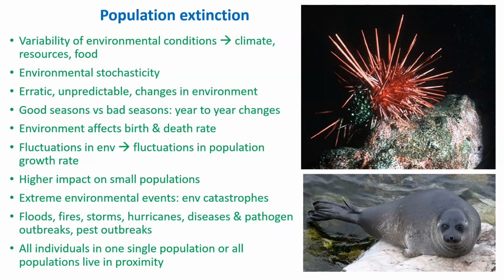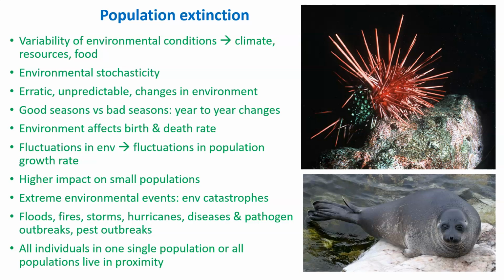Now, I wanted to tell you a couple of good examples here with regard to environmental catastrophes and how they resulted in population extinctions. First, let's talk about the top image, the sea urchin. Sea urchin mass mortality has been observed in Southern California as well as Caribbean islands, on the two opposite coasts of North America. In Southern California, the sea urchin mass mortality, meaning a lot of urchins dying at the same time, was a result of a viral wasting disease that afflicted those populations.